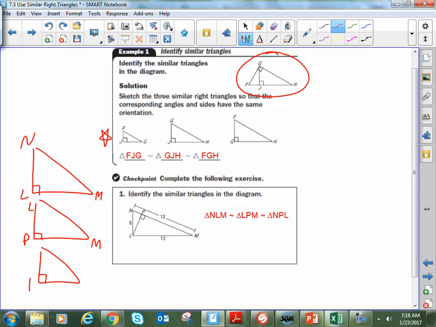The right angle is point P, and the long leg goes to point L, and then the short leg goes to point N. And then if we needed to, we could plug in the values that are presented in the figure, so that way we could easily identify what sides correspond to each other to set up and solve a proportion.